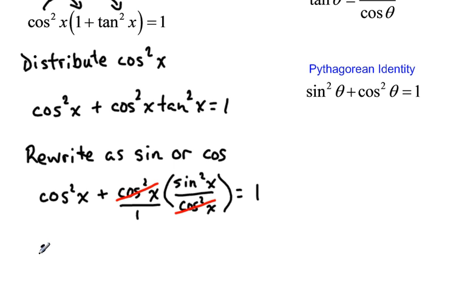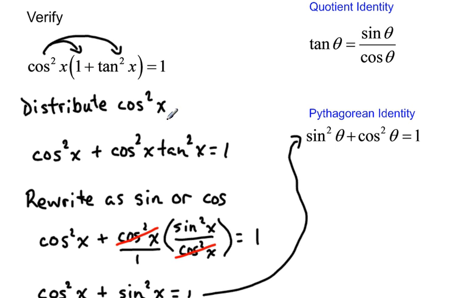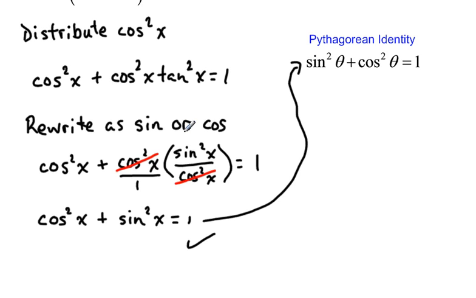And what we're left with is cosine squared x plus sine squared x equals 1. Now, because this is a Pythagorean identity that we have stated here, we are finished with the problem, and we verified that this is indeed an identity. Cosine squared x times 1 plus tangent squared x is equal to 1.